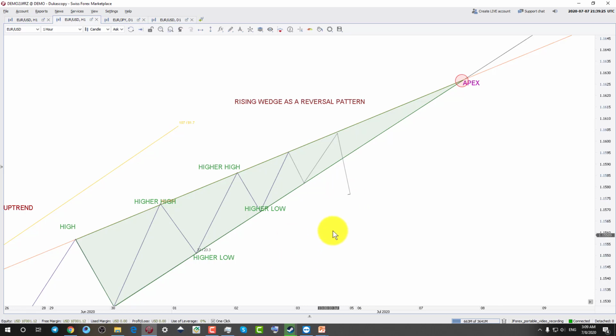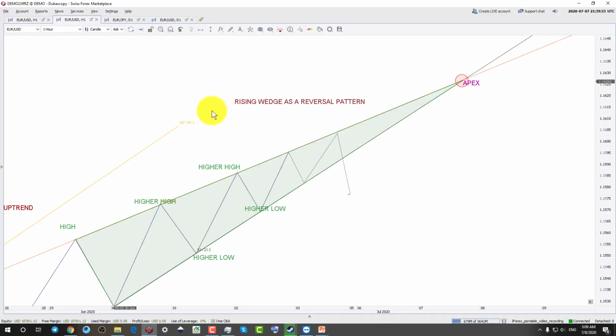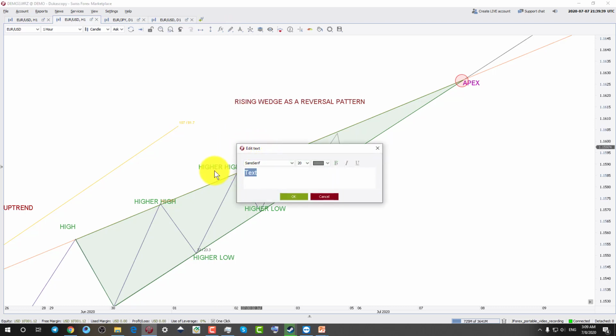Before anything happens, we will see what all things are required. We need a trend and we need an upper resistance line. Well, we got this upper resistance line. You want me to write? I will write it for you. Upper resistance line.